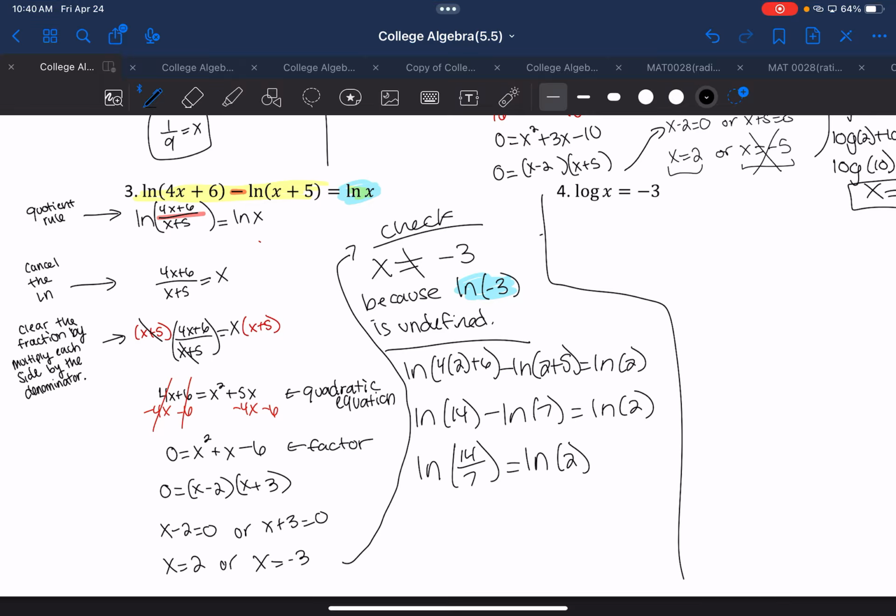So this is equal to each other. So x equals 2 is the only solution. And that would be the answer.